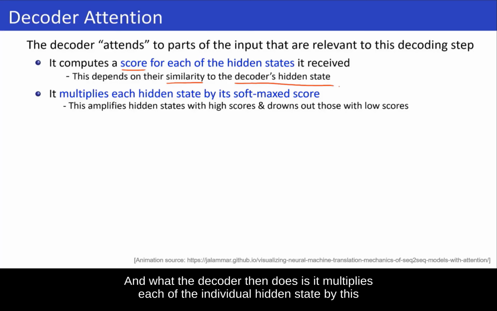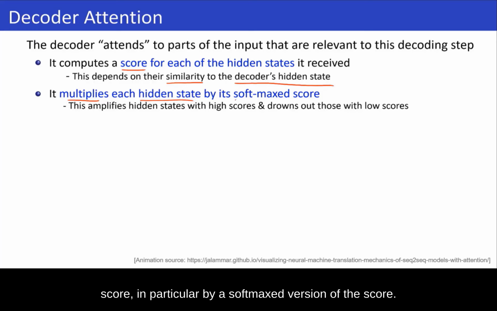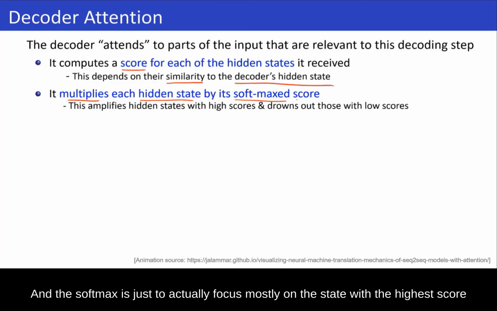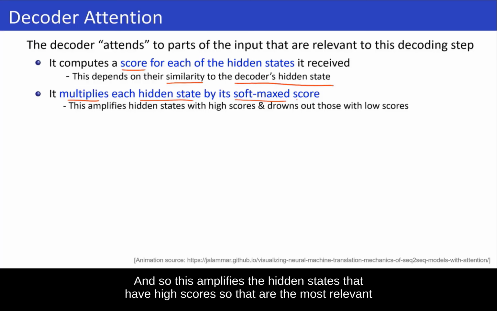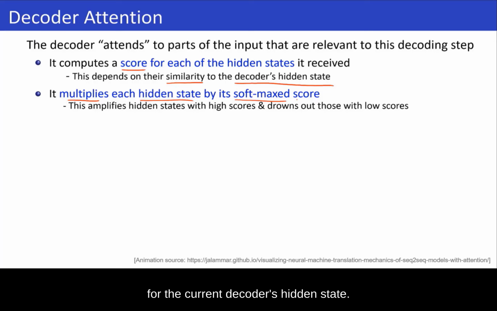The decoder then multiplies each of the individual hidden states by this score, in particular by a softmaxed version of the score. The softmax is just to focus mostly on the state with the highest score and to have these scores sum to 1. This amplifies the hidden states that have high scores, so that are the most relevant for the current decoder's hidden state, and it drowns out those hidden states that have low scores.